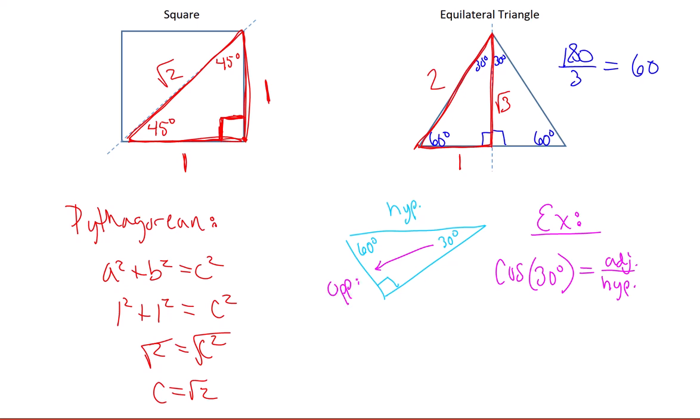That's opposite, or across from, the 30-degree angle. The side touching the 30-degree angle would be the adjacent side. And so we now have a way to label all three sides: hypotenuse, opposite, and adjacent, but that is all relative to the angle that I've picked and labeled as 30 degrees.